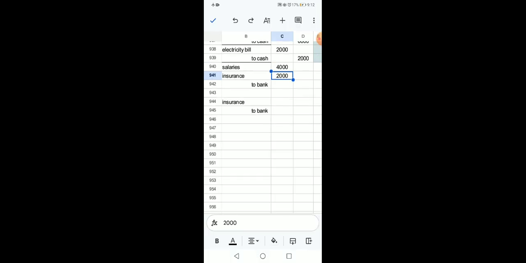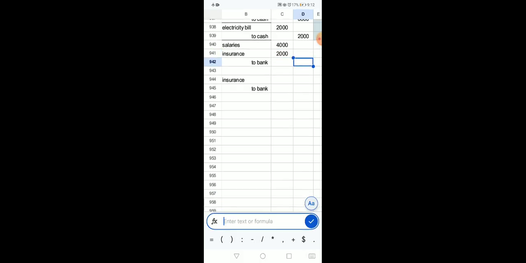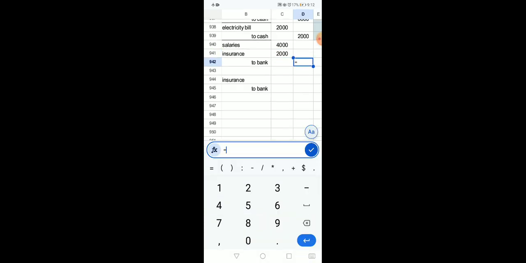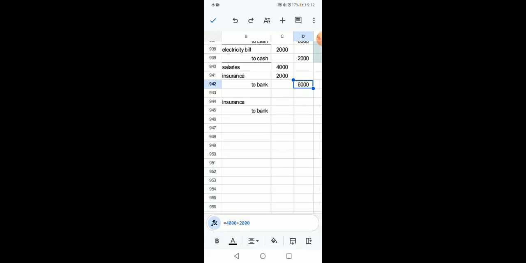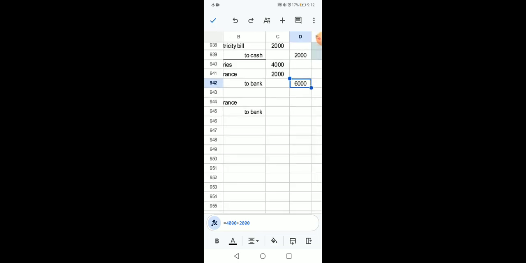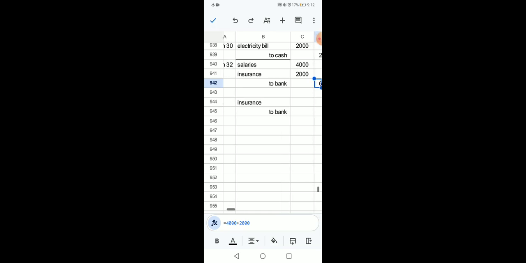As bank was credited for two amounts, the first amount was 4,000 and the second was 2,000. Either you can write bank twice, or you can sum the amounts of the two checks, which gives you 6,000. So a combined entry is possible, and separate entries are also possible.